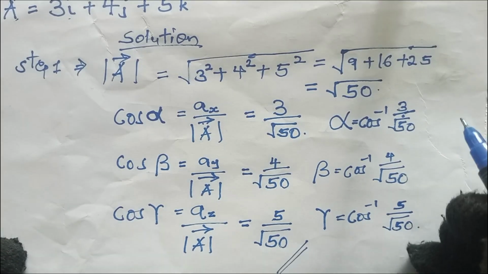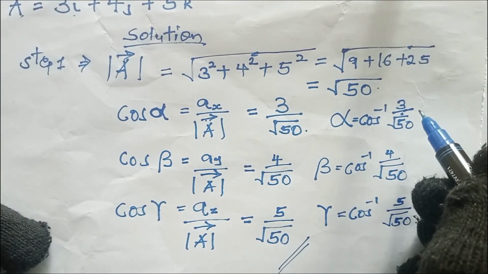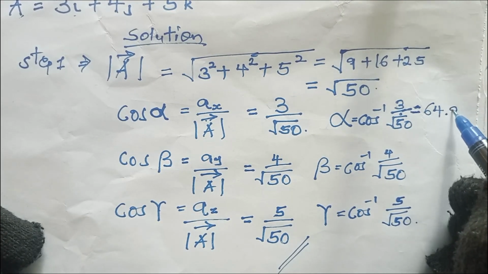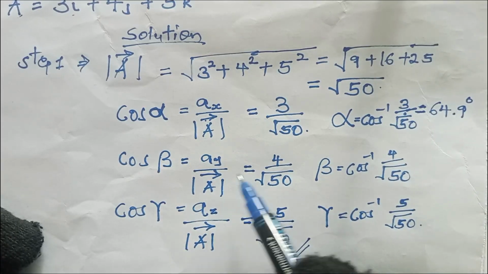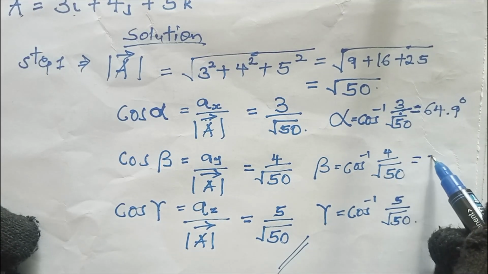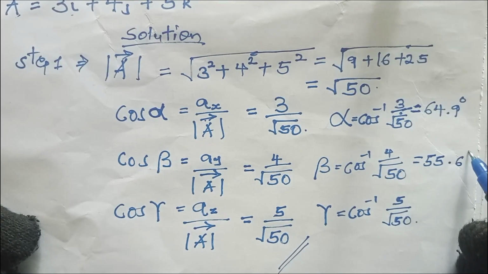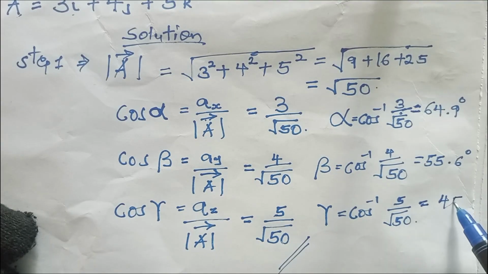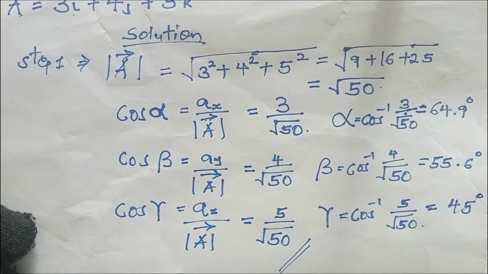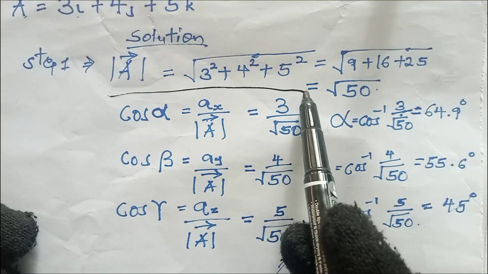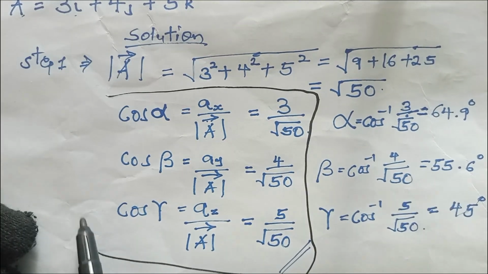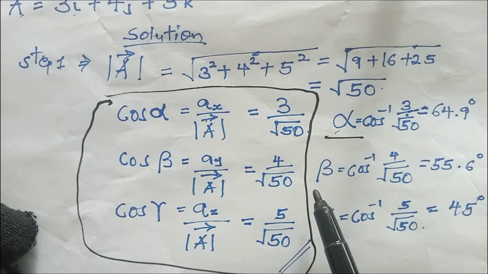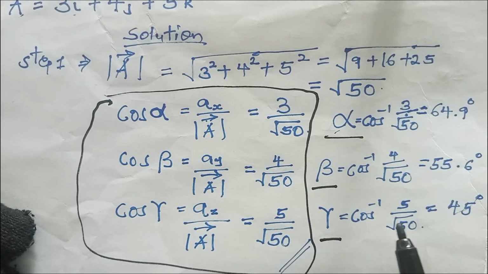So alpha will be equal to 64.9 degrees. Beta will be equal to 55.6 degrees, and gamma will be equal to 45 degrees. Though this is the answer, it is also important to understand the angles alpha, beta, and gamma.